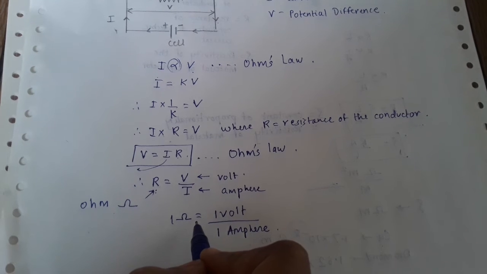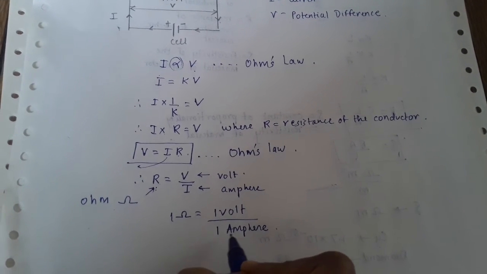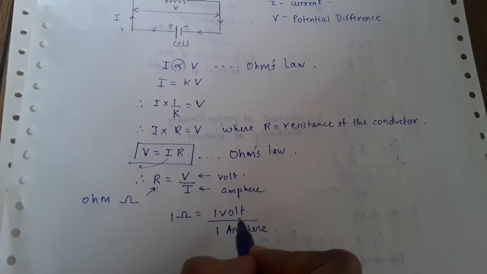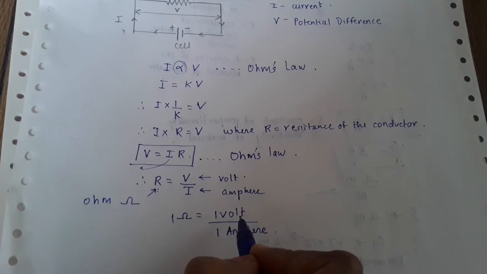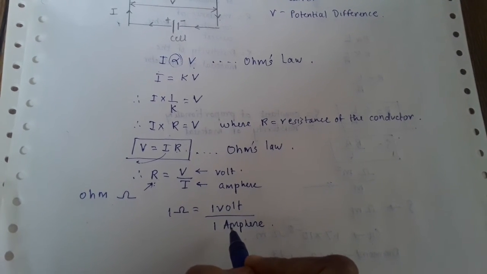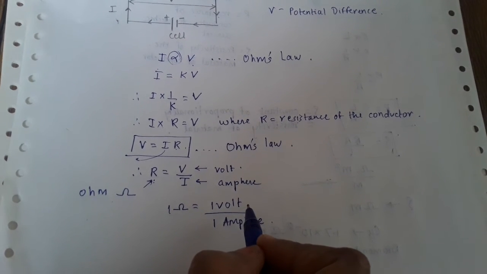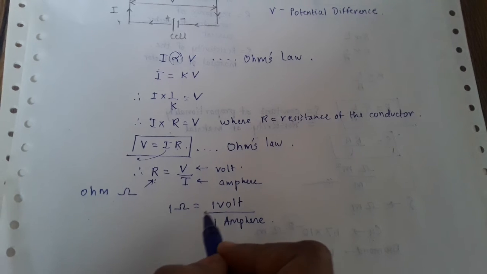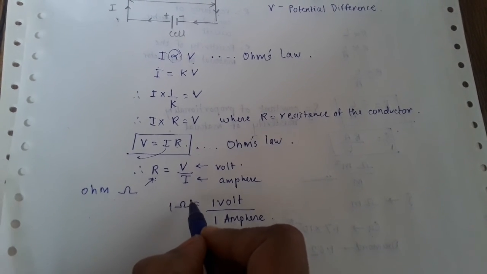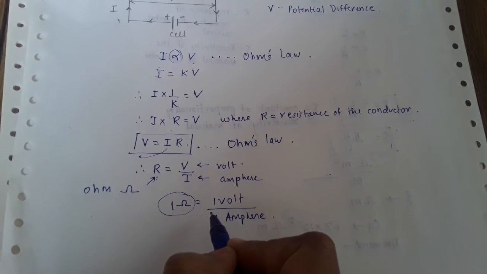The resistance of the conductor is 1 ohm when an electric current of 1 ampere passes through it when 1 volt of potential difference is applied across its ends.